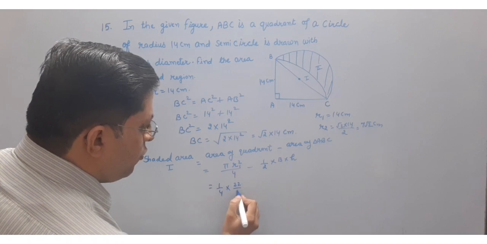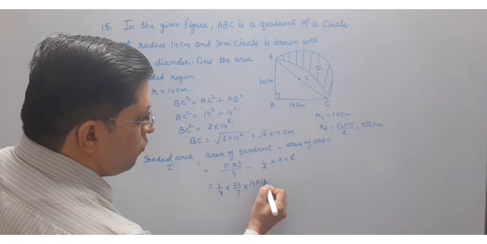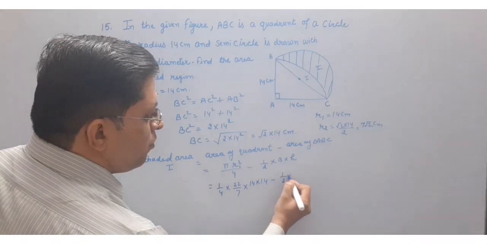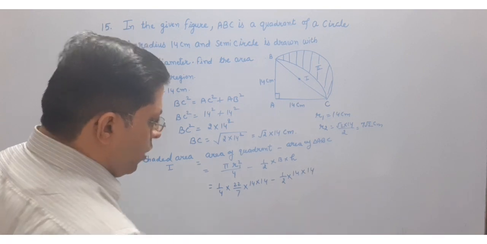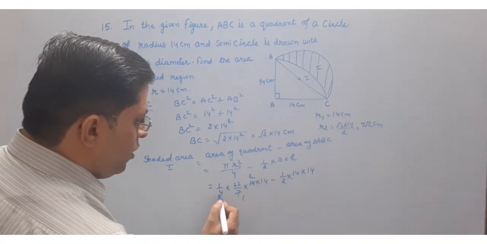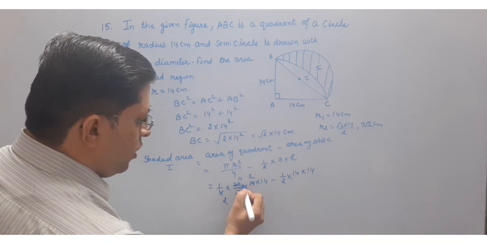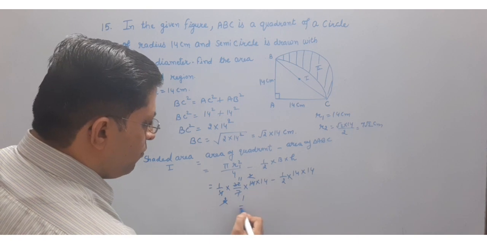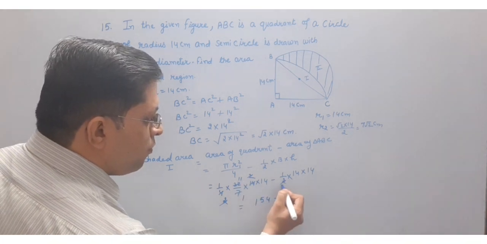Pi value is 22 upon 7. What is R1? It is 14 into 14. Half. Base is 14 and height is also 14. Now try to cut. 7 1 is 7. 7 2 is 14. 2 2 is 4. This is 11. 2 2, 2 cut. So 11 into 14, this is 154.